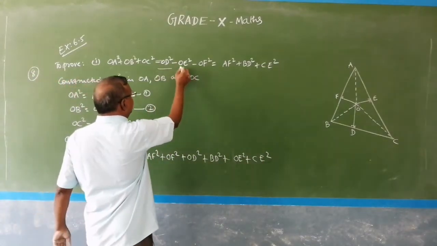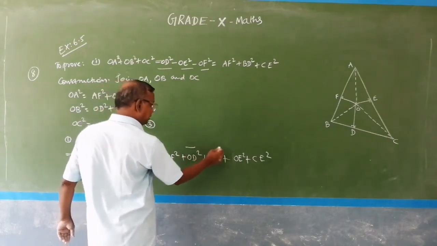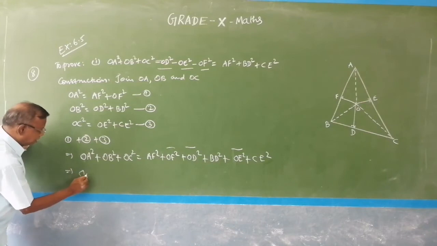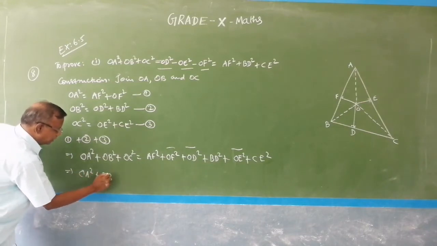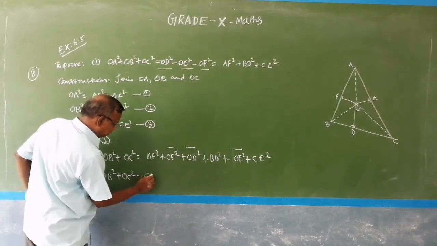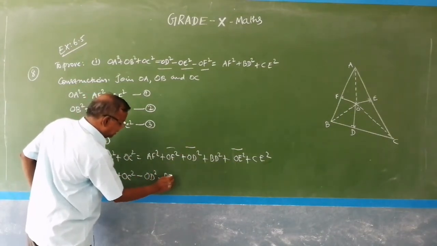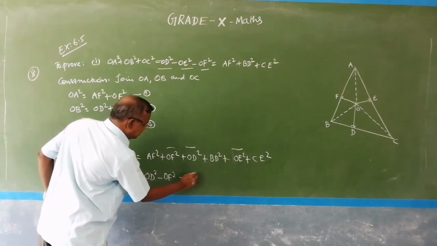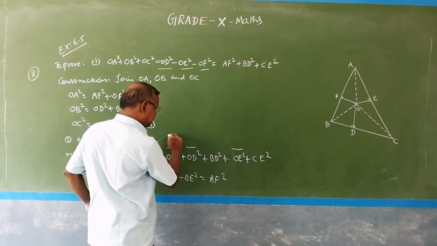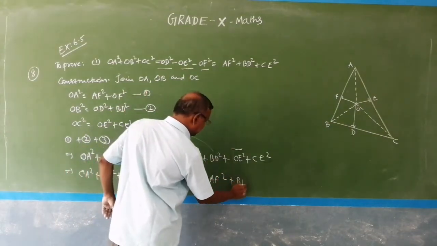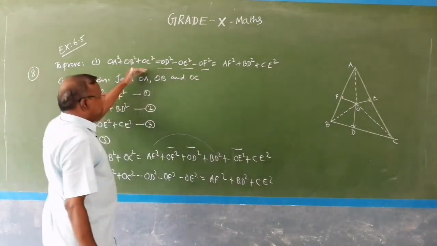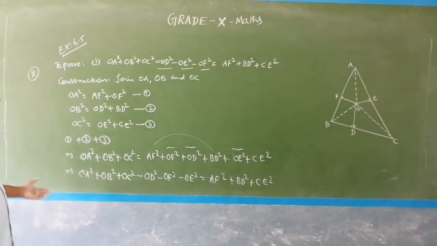So OD square, OE square, OF square should be taken to the left side. So that gives OA square plus OB square plus OC square minus OD square minus OF square minus OE square equal to the remaining part AF square plus BD square plus CE square. So this is what we need to prove, hence proved.